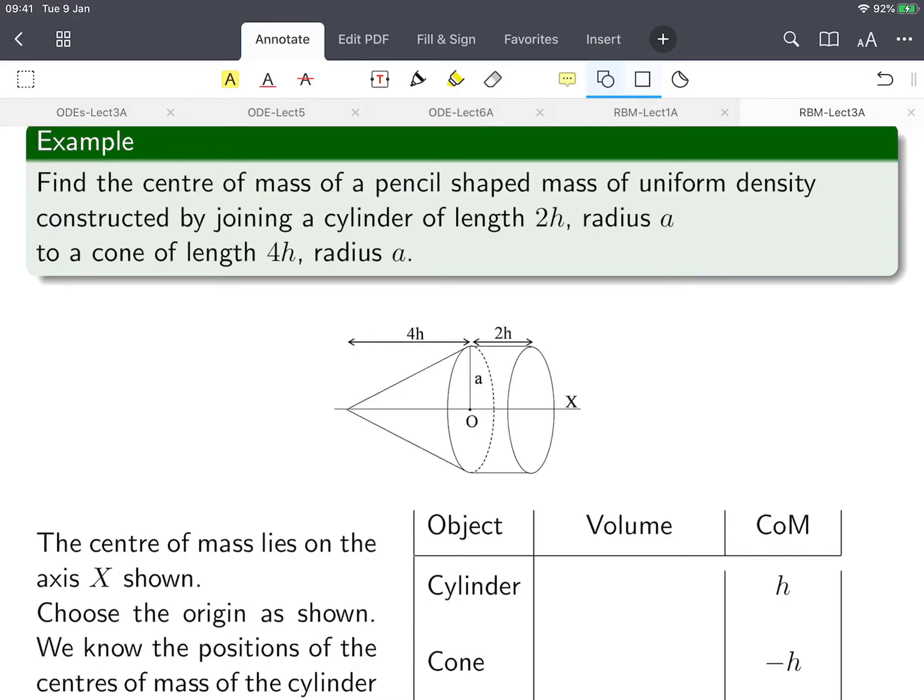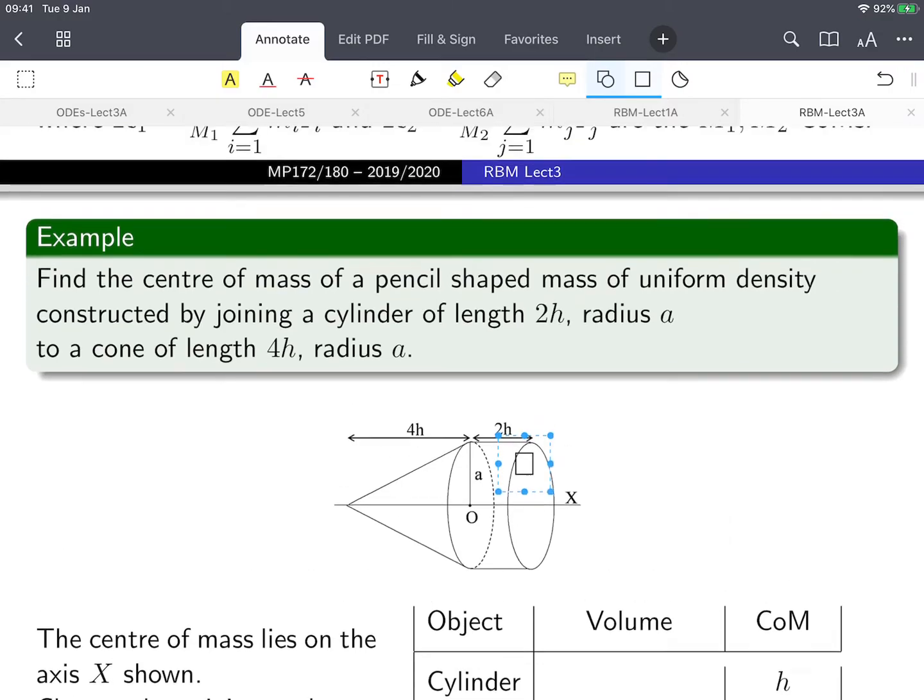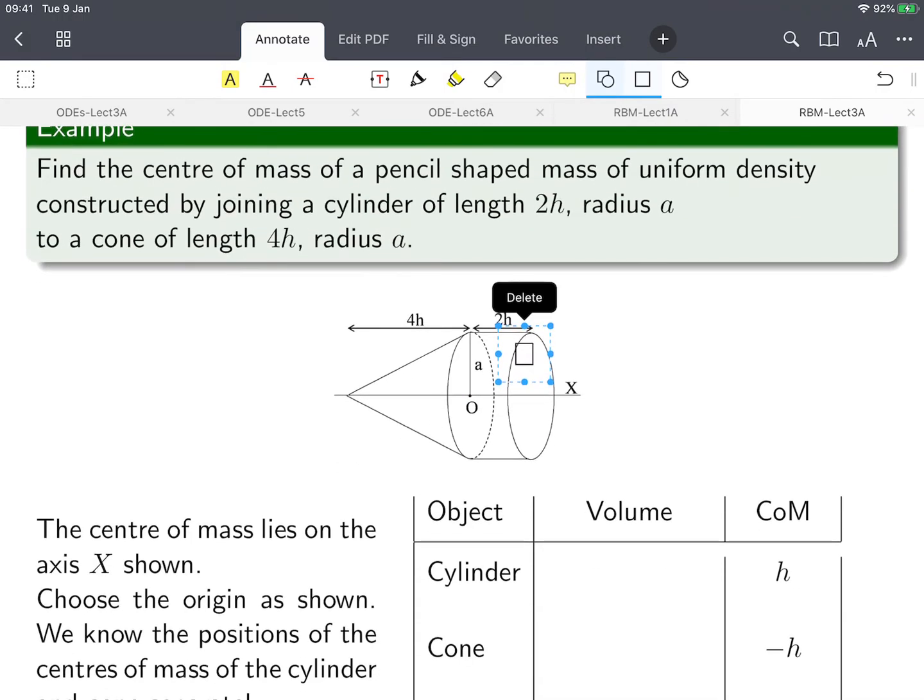So for the cylinder, we know by symmetry, here's the cylinder, where the center of mass is, right? It's going to be exactly in the middle. It's going to be just here. I'll show you in a different color.